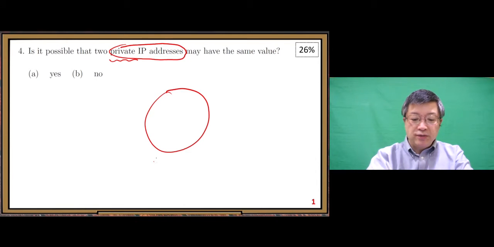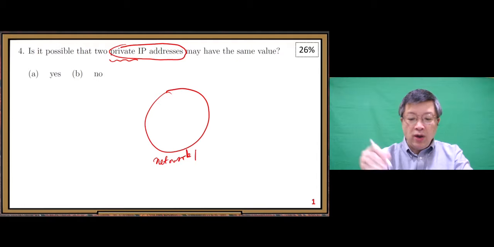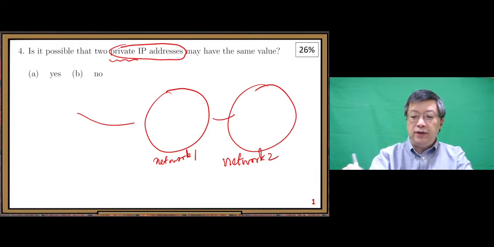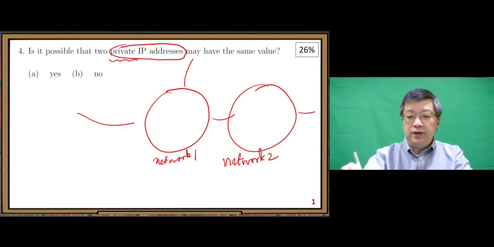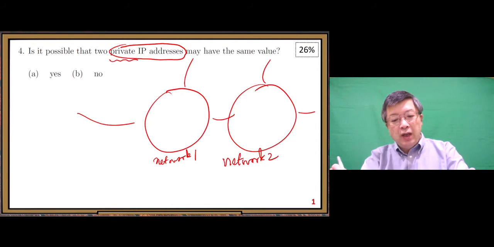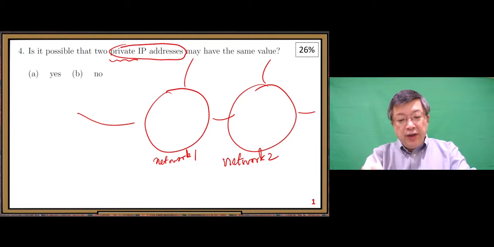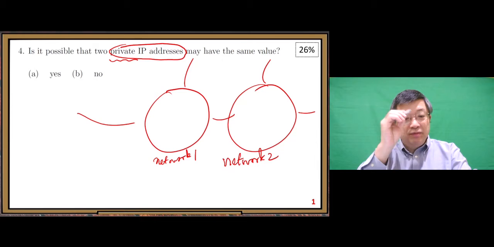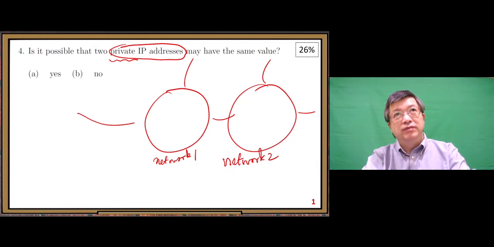suppose this is network 1, network 2, connected to the internet. In network 1, you have some private, internal network, in a company. Think about a company.